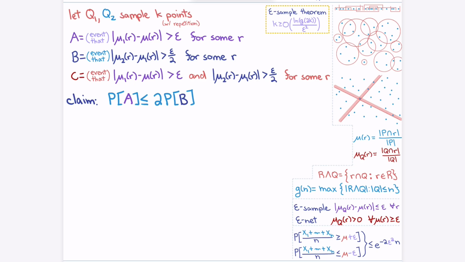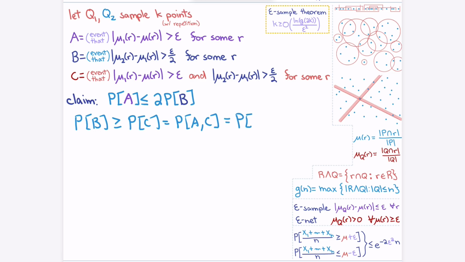So how do we do this? Well, this is very clever. I'm first going to write the probability of B is at least the probability of event C, and event C includes event A. So it's at least the probability of A and C happening at the same time.